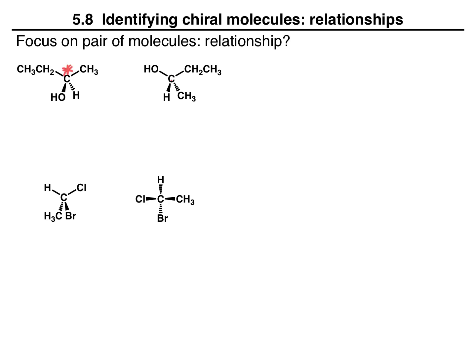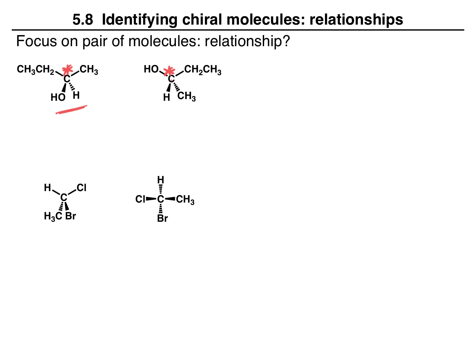This carbon is connected to four different groups, the same four different groups as the first molecule. So this is also a chirality center. So we know that this is a chiral molecule. We know that this is a chiral molecule. But the question is, are these enantiomers of each other, or are they just different representations of the same compound?